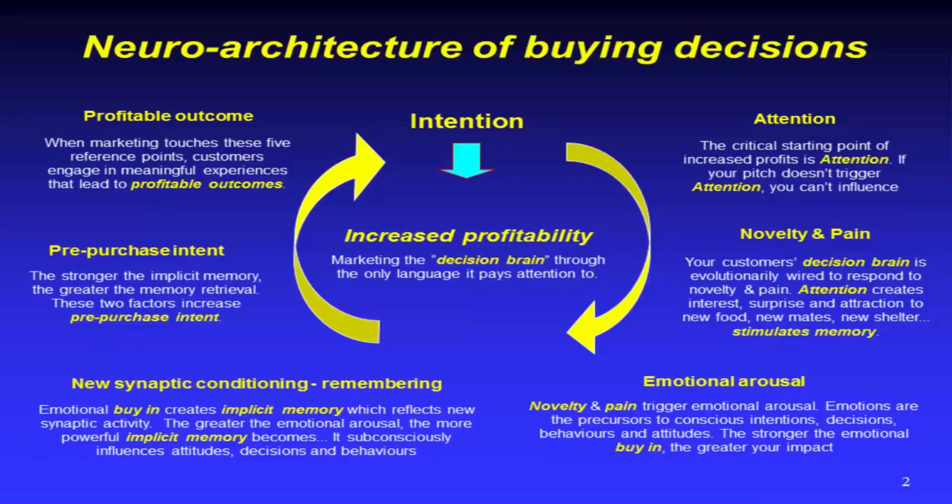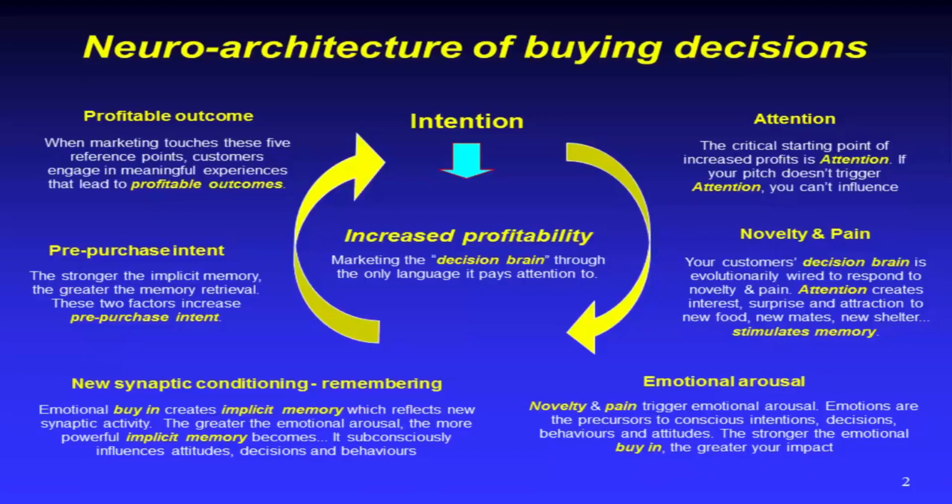The whole intention of this webinar is to allow you to increase your profitability by using marketing that's directed specifically to the decision brain through the only language it actually knows how to pay attention to. And so we've got to get it to pay attention.